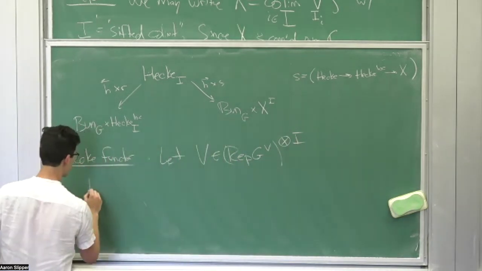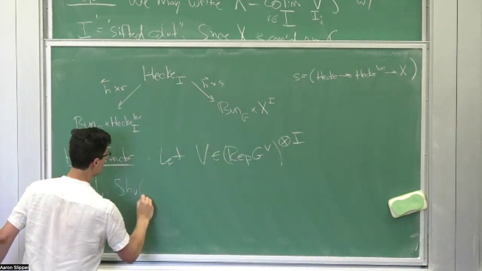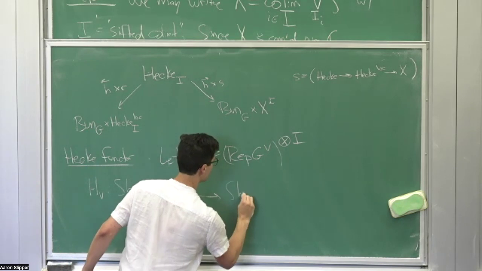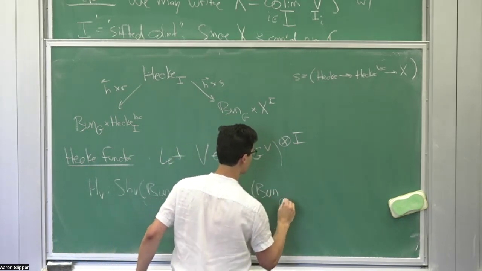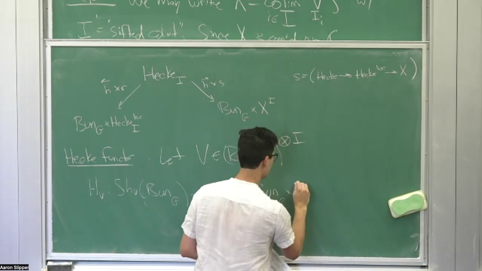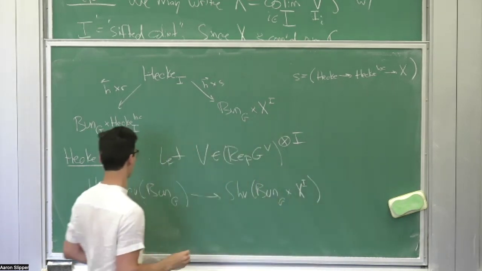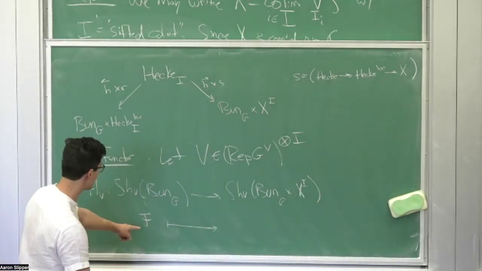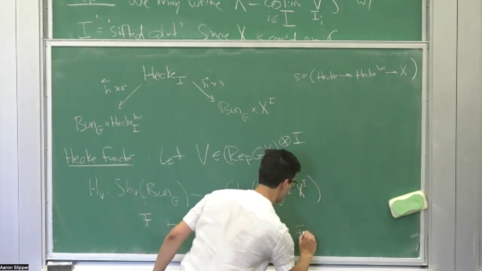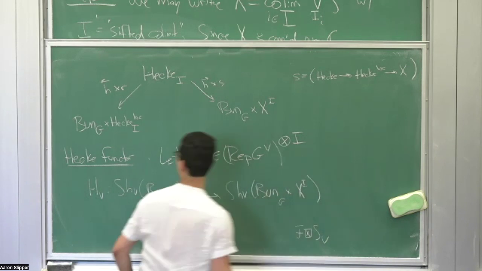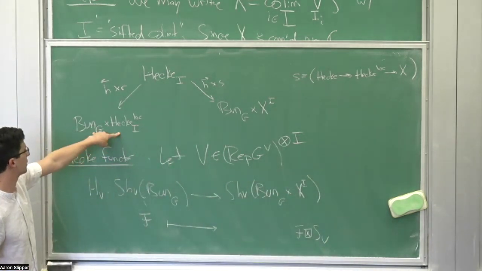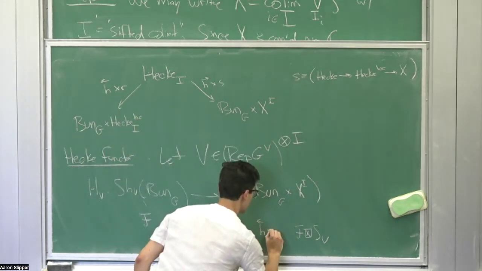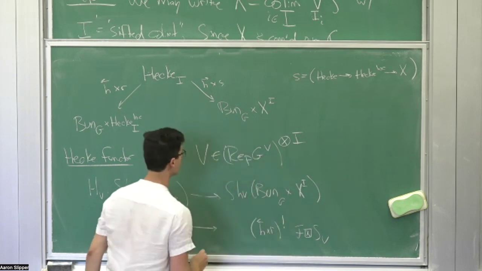And then I define this functor from sheaves on Bun G to sheaves on Bun G times X to the I. And what it does is it takes F and then you twist F by Satake. So now you have a sheaf over here. You pull back. And then you push forward.